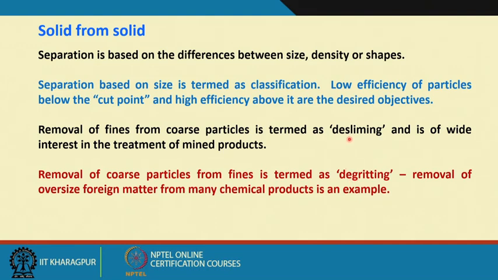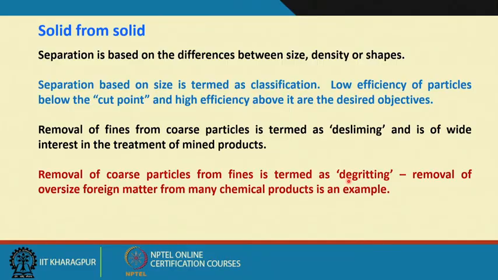Sometimes we want to remove the very fine, ultrafine particles, then we call it a desliming cyclone. When you use them for relatively coarser particle removal, we call them a degritting cyclone. So, the design of the cyclone, the dimensions of the cyclone and the operating conditions of the cyclone will differ based on the purposes for which it is being used.